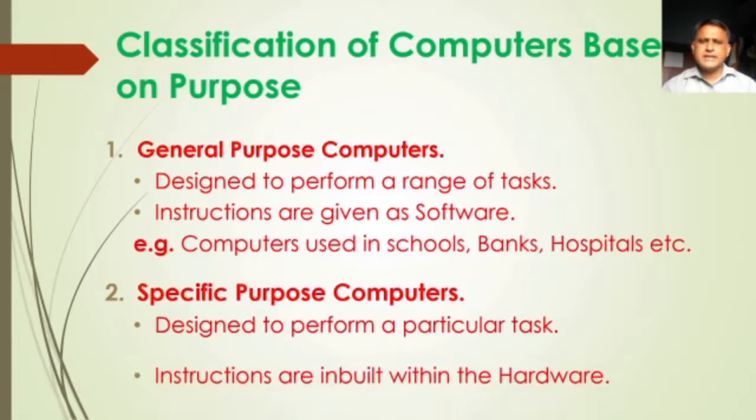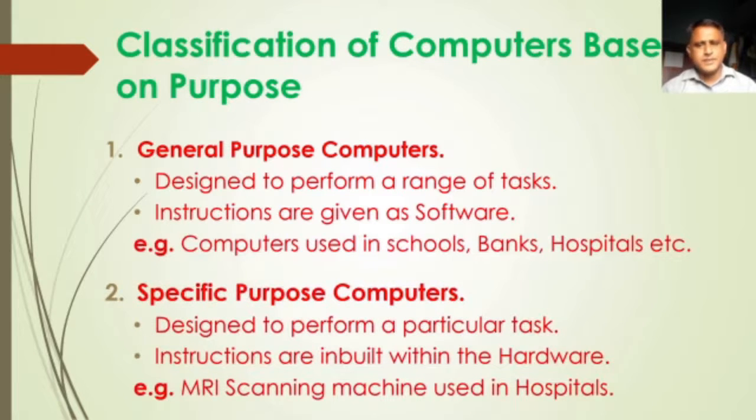First, the classification of computers based on purpose. Based on the purpose for which the computer is used, it can be categorized into two major categories, general purpose computers and specific purpose computers. The general purpose computers are designed to perform a range of tasks.